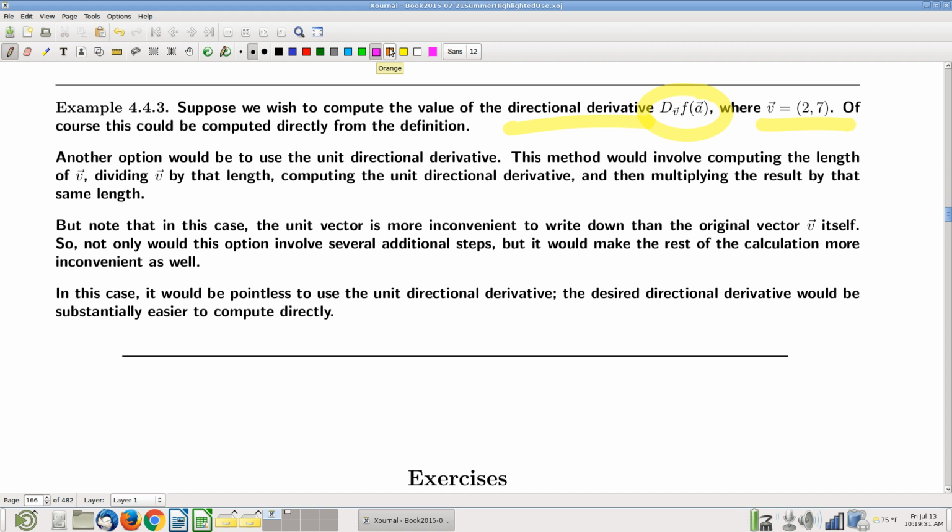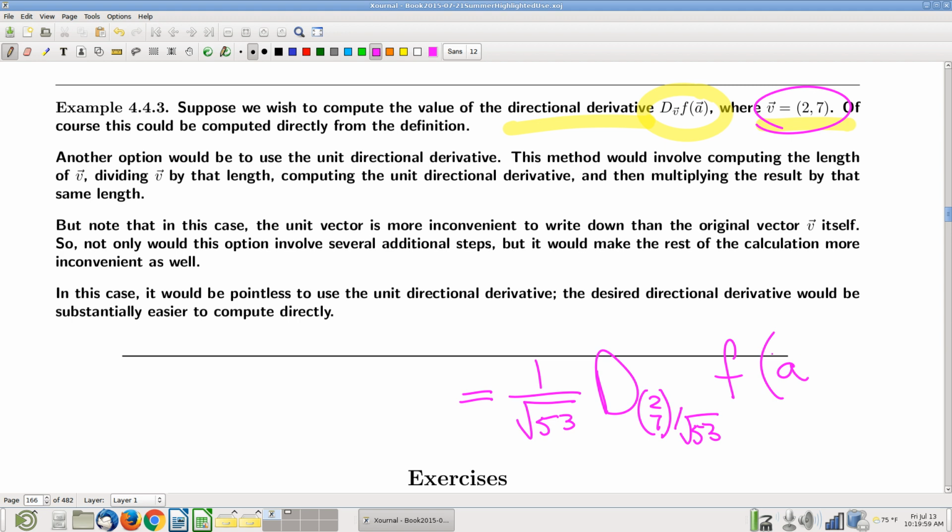We would instead, alternatively, have to take this vector, divide by its magnitude, and then compute the unit directional derivative, which would be in the direction of the unit vector pointing in that direction, (2,7) over the square root of 53, at our point A. So these are our two alternatives.